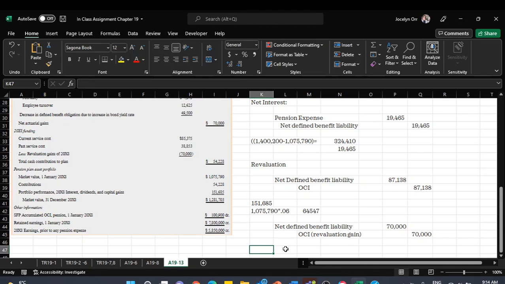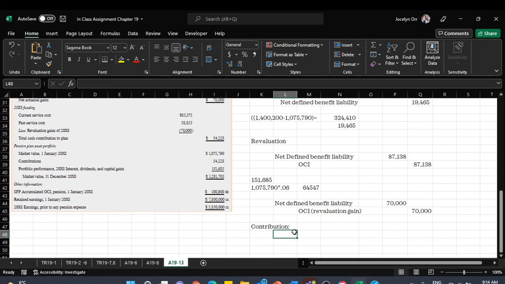Okay, so that covers the three components, and we next look at our contribution that's going to be made. Contributions, of course, reduce that net defined benefit liability and have an impact on our cash account because it is actually a cash outflow.